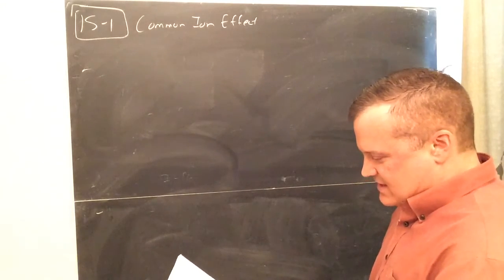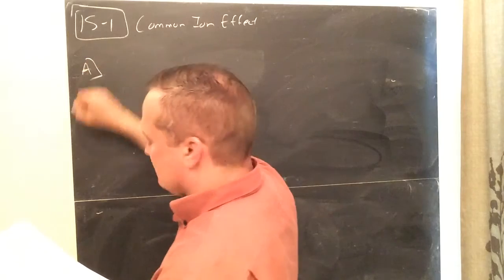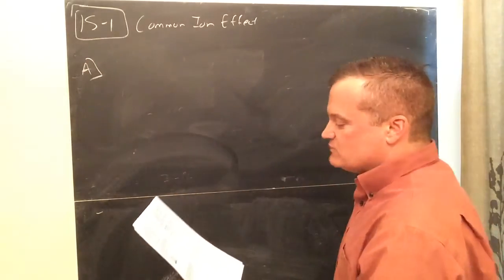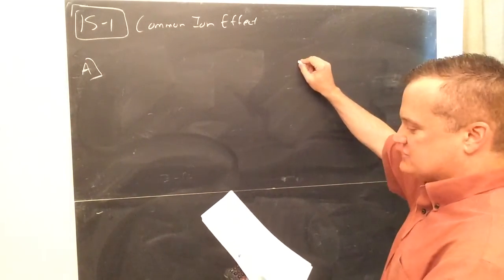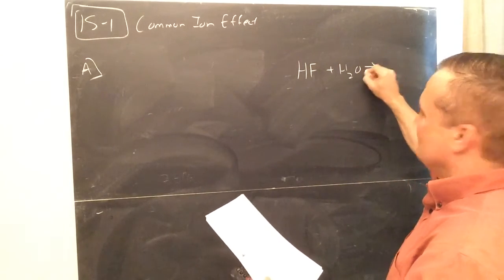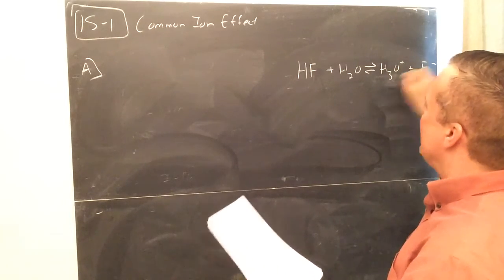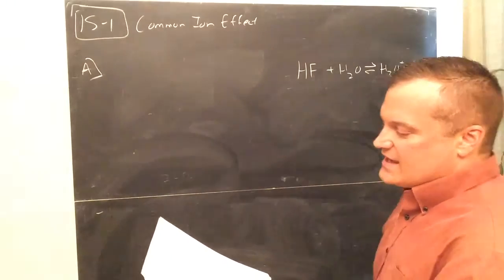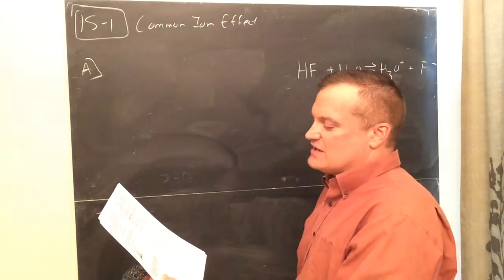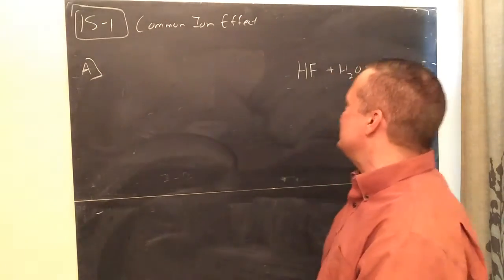It says, calculate for A, hydrofluoric acid ionizes in water according to this equation: HF plus water gives you H3O+ and F-. First it says, calculate the H+, the pH, and the percent ionization of HF in a solution that is 1 molar HF.